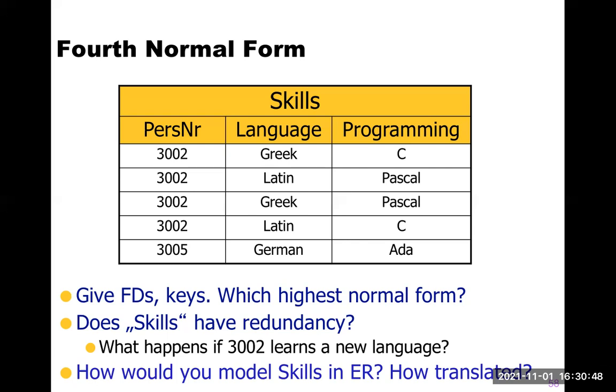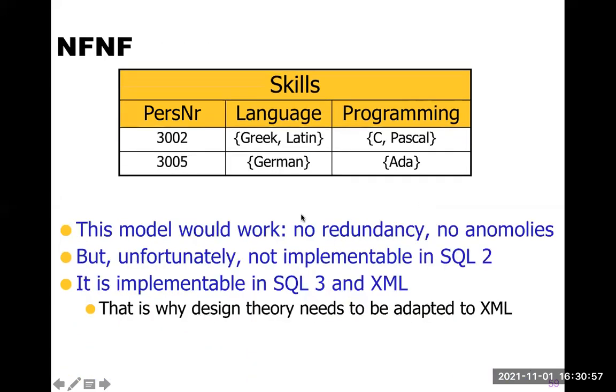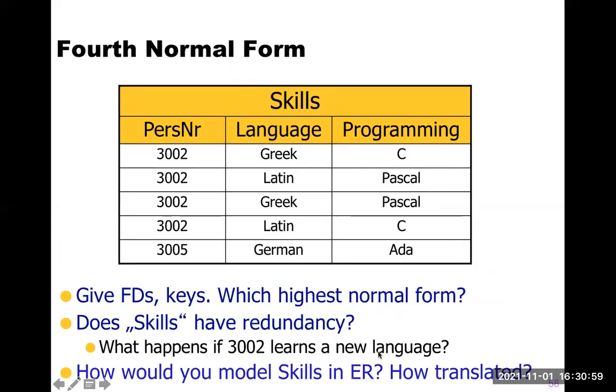But is it redundant? Yes, it's redundant. We store Greek twice, Latin twice, and Pascal twice. And what if this person learns a new language? You need to add, let's say, Java. So we need to add records Greek Java and Latin Java to follow this structure.